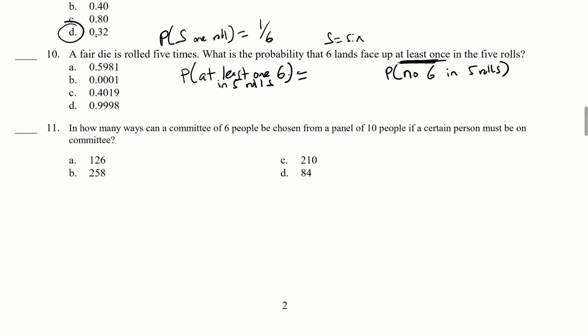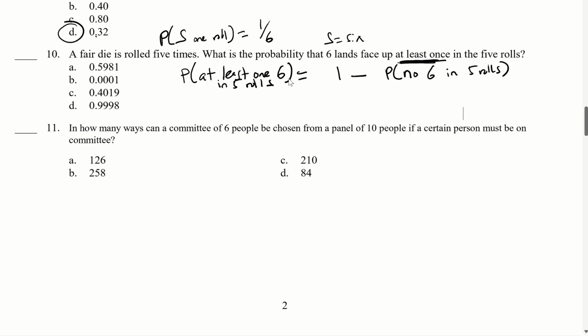But if I find the probability of the opposite, or the complement, then I have to subtract from 1. So if, for example, this is 40% chance, then this has to be 60% chance, subtract that from 1 to get 40. So it's easier to do no 6s than it is to do at least 1 or 2 or 3 or 4 or 5 6s.